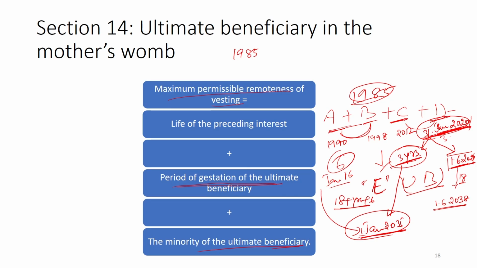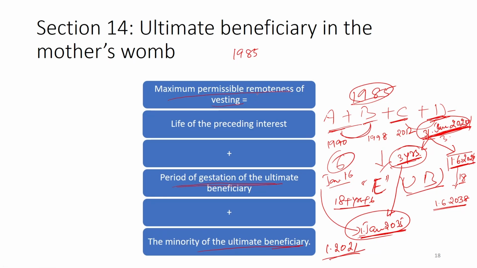The third possibility is that Mr. D dies on 31st January 2022, but E took birth on 1st January 2021, that means after 1 year, after 12 months. Meaning thereby, at the time of death he was not in the womb. So, when he was not in the womb at the time of death, then what will happen?